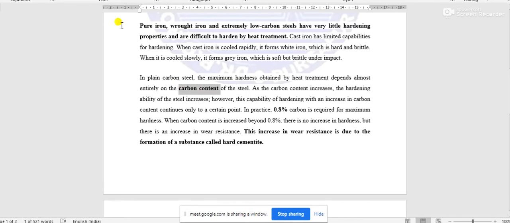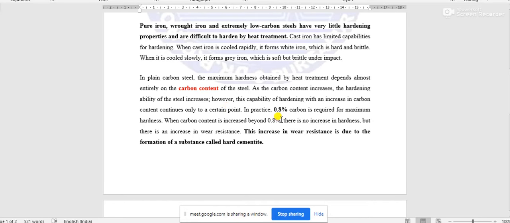This is the most important factor. If we increase the carbon content, that is the amount of carbon, then the hardening of the steel will be increased.